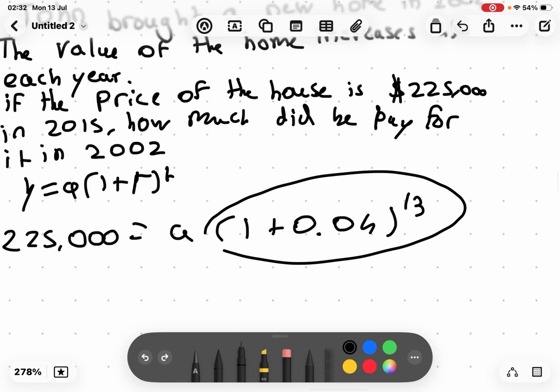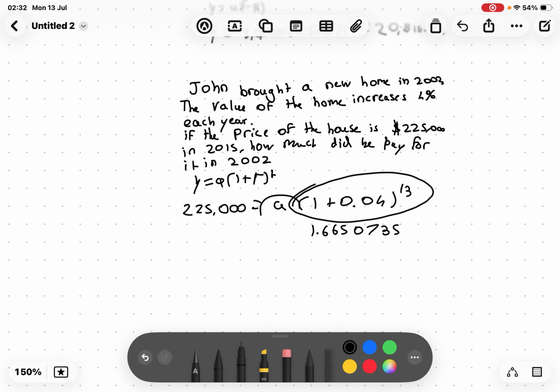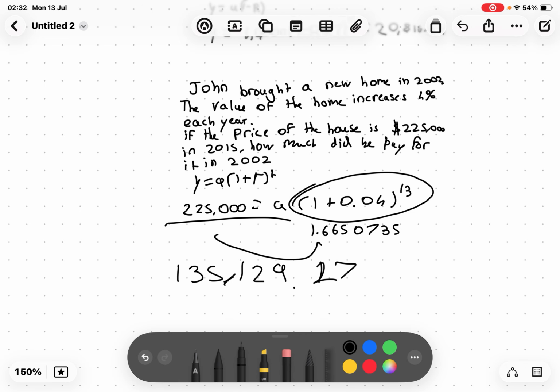So this is around 16650.735. And to leave a on its own, we have to divide this by this, and what we get is 135.129. No, that's a 27. I'm pretty sure. So yeah.